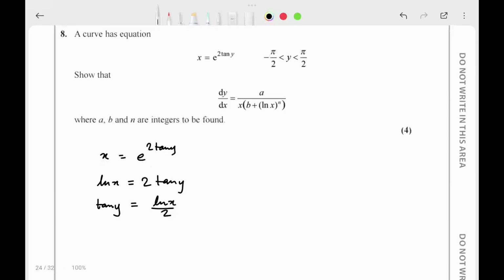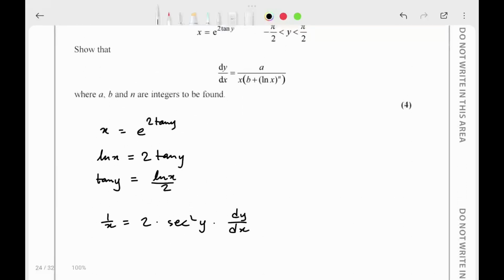So now we can differentiate this. If we differentiate this entire equation, it becomes 1 by x is equal to 2 times sec square y times dy by dx.